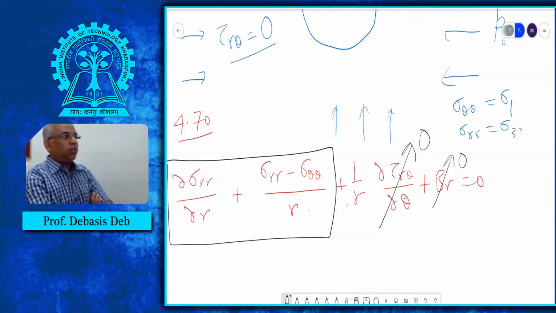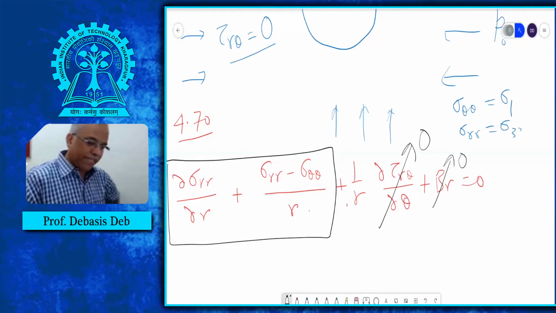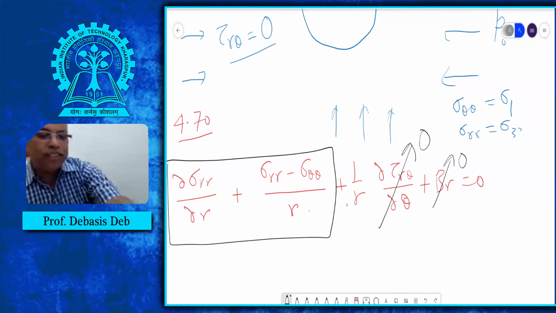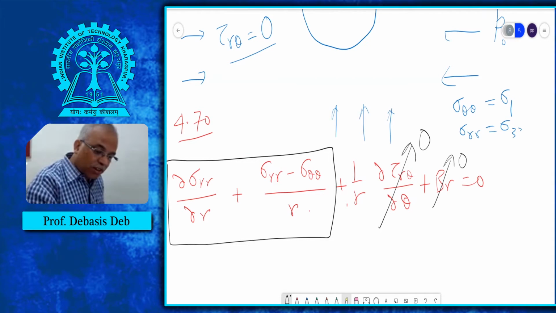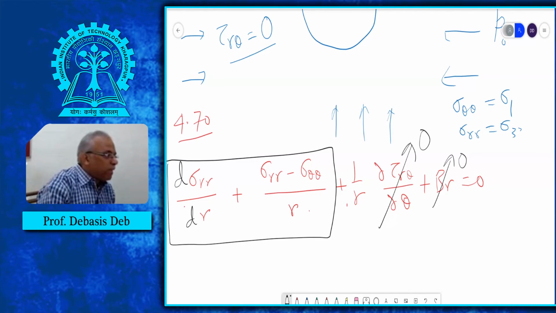So if we can say this is a principal plane, that's why we have taken k equals to 1. Then we find the equation del sigma RR by del R plus this is 0. Since there is no other differentiation, we can conveniently change these to D, because there is no reason for partial derivative anymore.